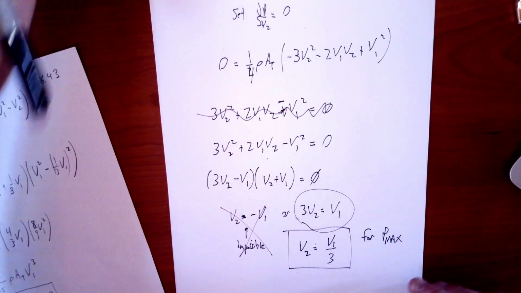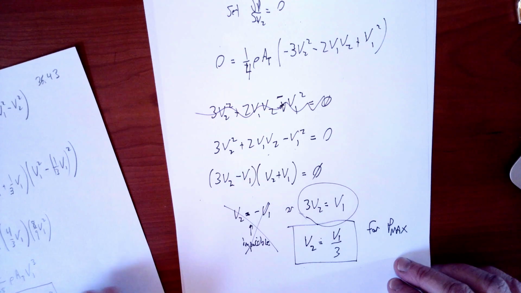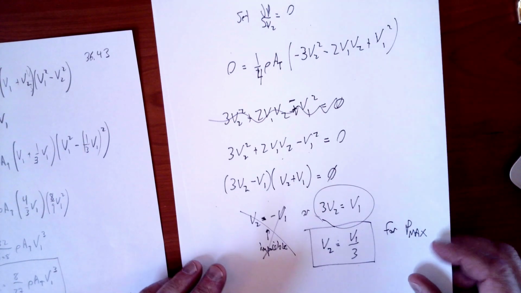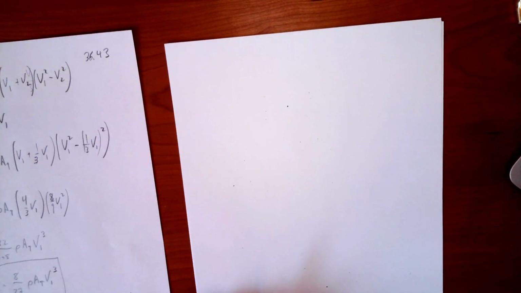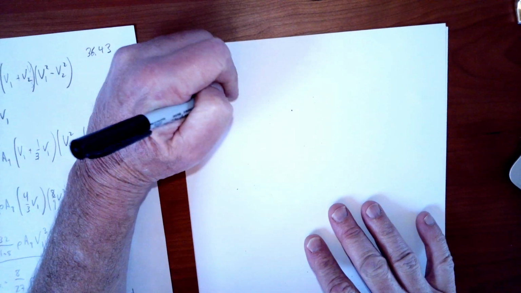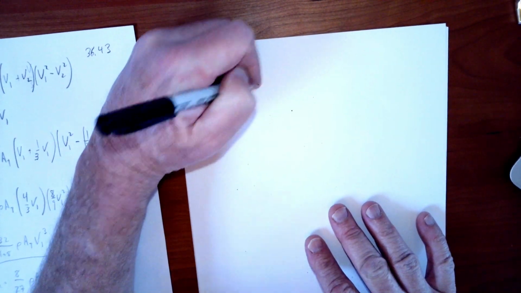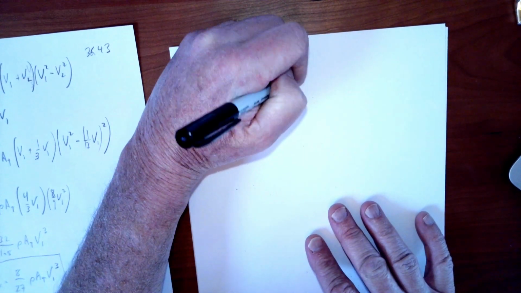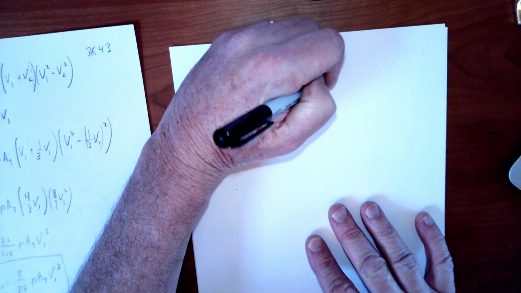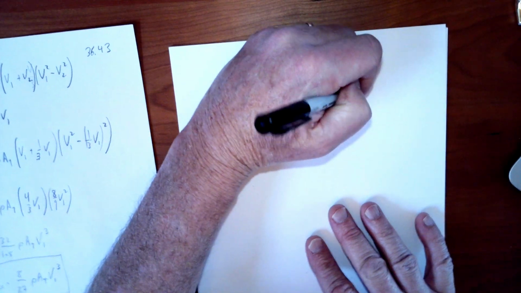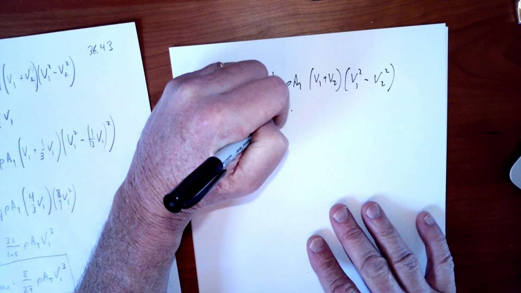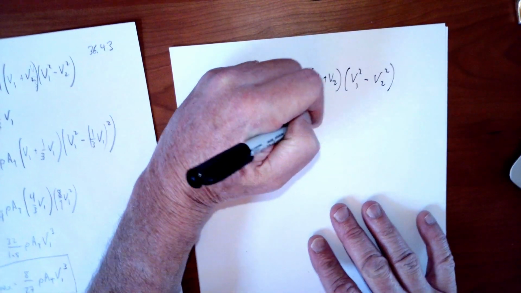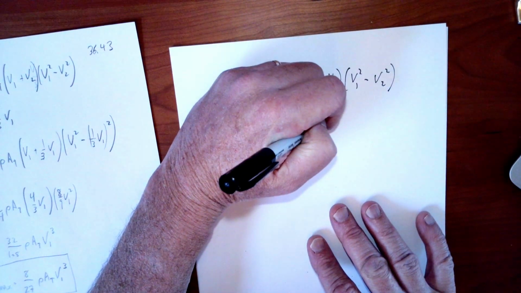That's the velocity I want. But now I need to figure out what that leads to in terms of maximum power extraction. So I'm going to go back to my power equation. P max is equal to 1/4 rho AT times V1 plus V2 times V1 squared minus V2 squared. And this will be maximum when V2 is equal to V1 over 3.